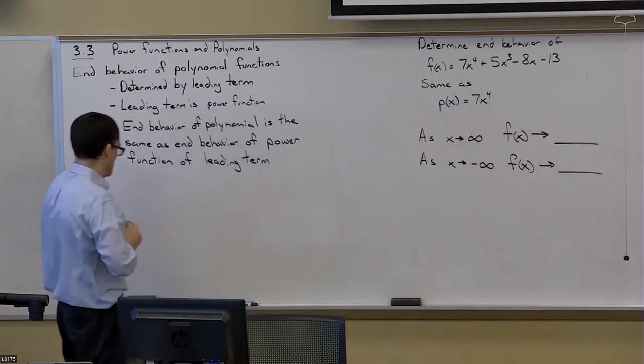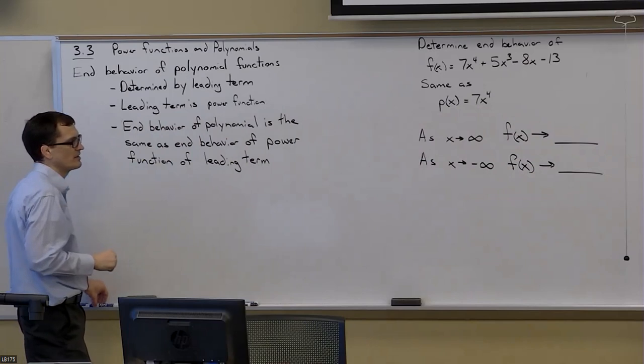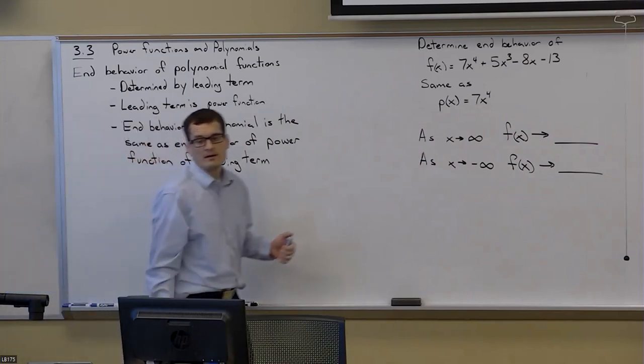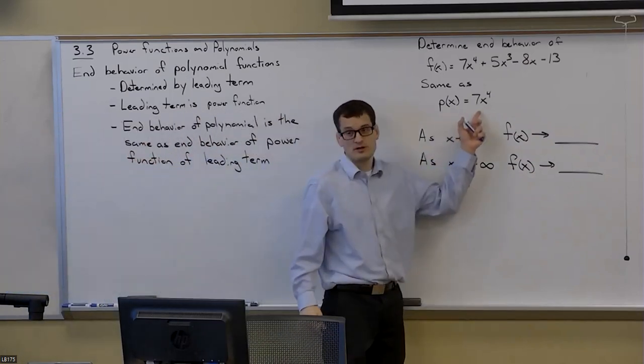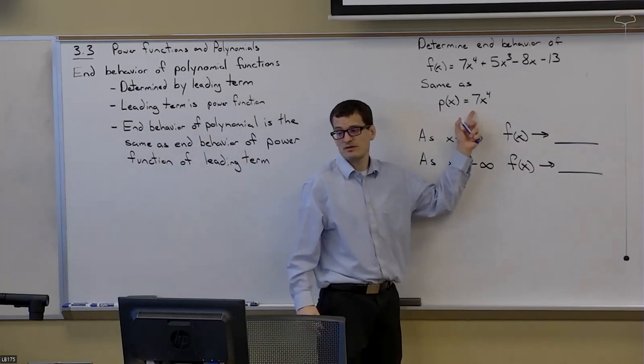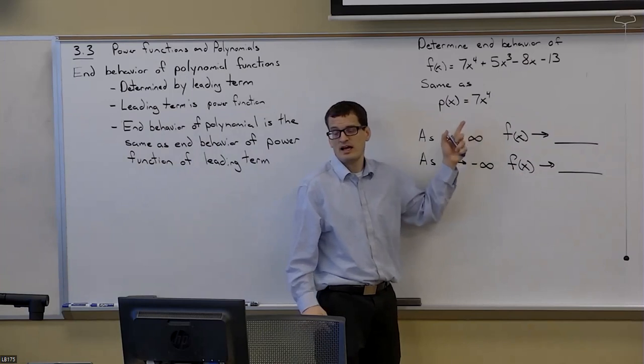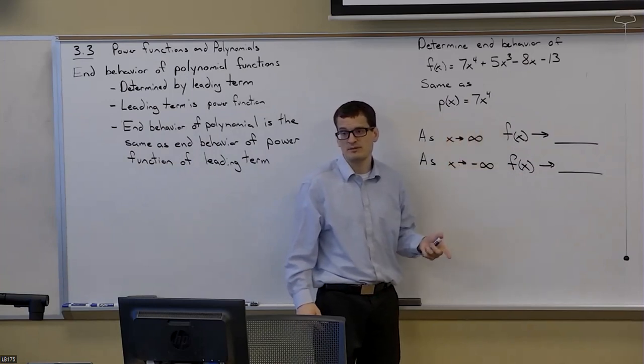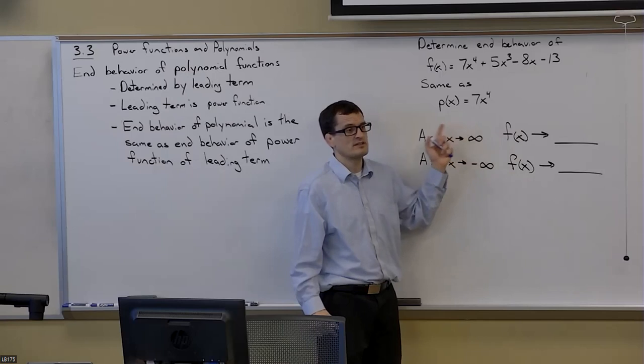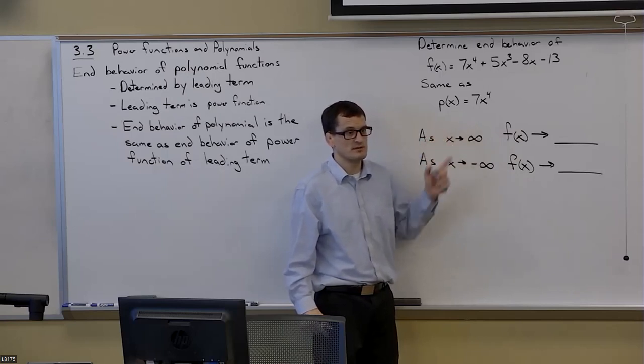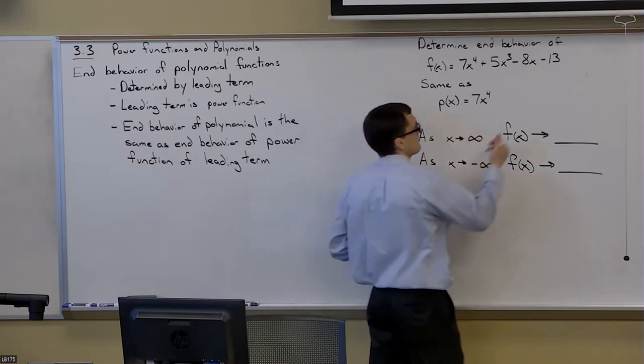And as x goes to negative infinity, my function goes to something. By the way, do we all remember what 7x to the fourth does? Power function wise, x to the fourth, we have an even power. 7 is obviously positive, so even power, positive coefficient.